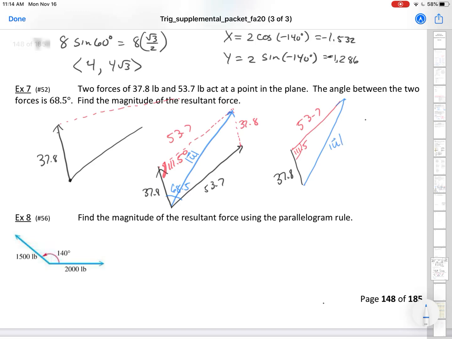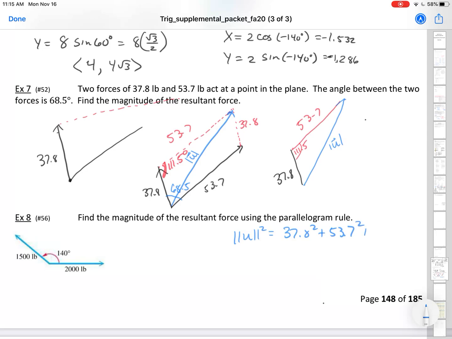So guess what you use? Well, you either use the law of sines or the law of cosines. If I try to use the law of sines, I have a problem because I don't know any angle opposite a known side, so it must be the law of cosines. So what do we do? We remember that the side that we want squared is equal to the sum of the other two sides.